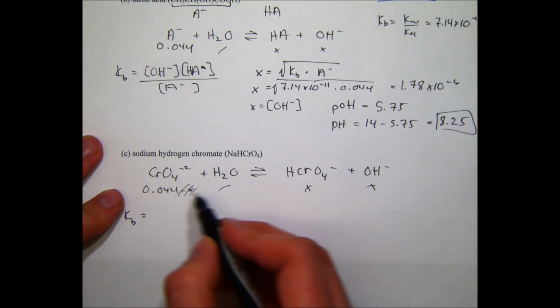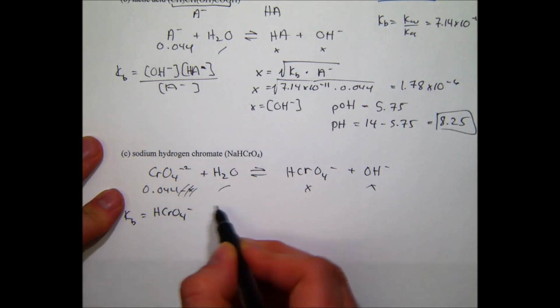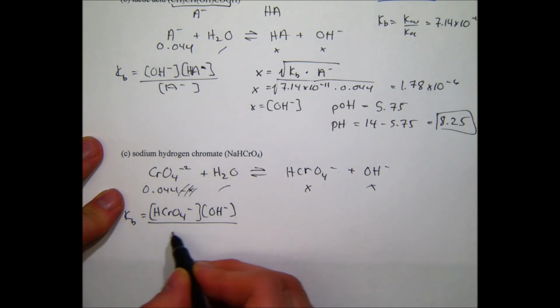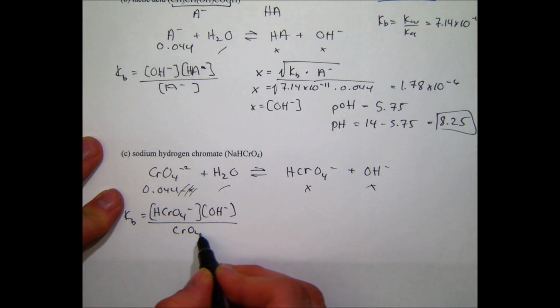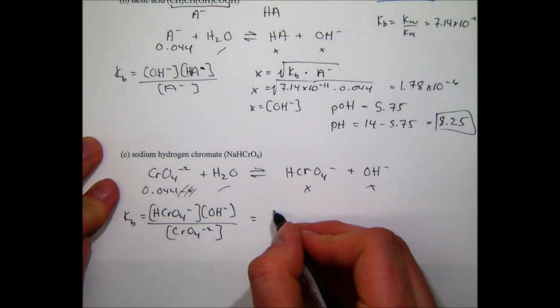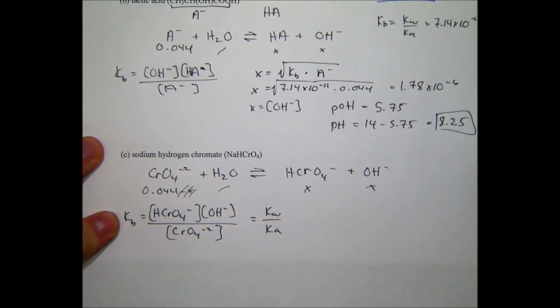Kb for this expression is equal to the concentration of HCrO4 minus times the concentration of OH negative, over CrO4 2 minus, which is the chromate, where Kb is equal to Kw over the Ka for this process.